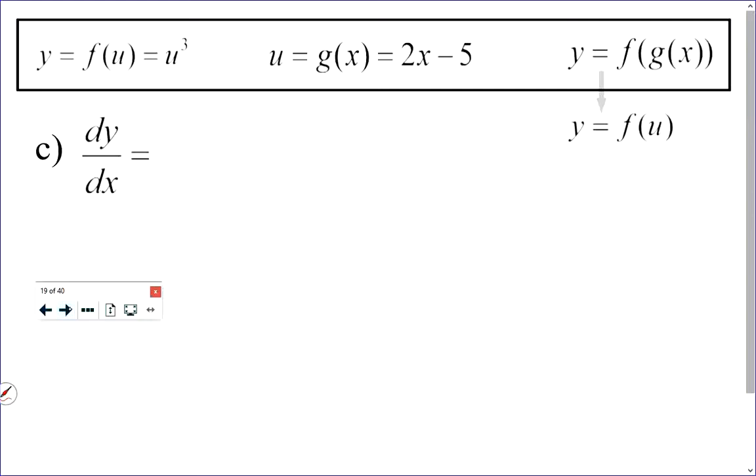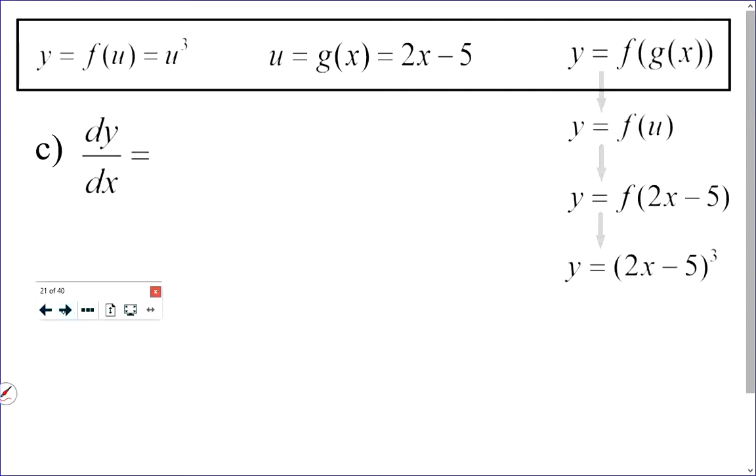And u is 2x minus 5. And f of u would be 2x minus 5 cubed. So what we are asked to find is the derivative of this function. And now we're almost back to something that is more comfortable to us, y's and x's.